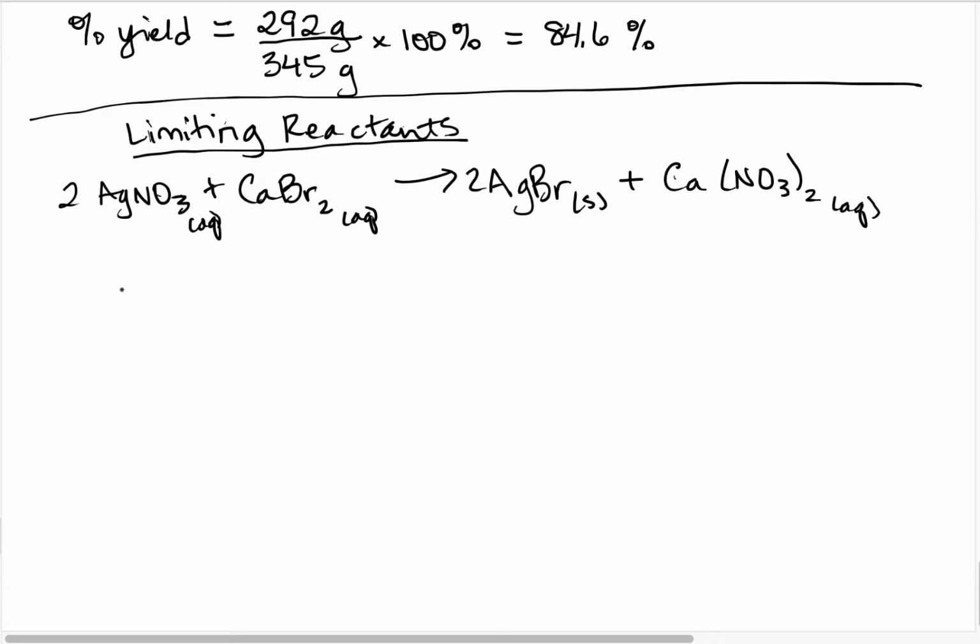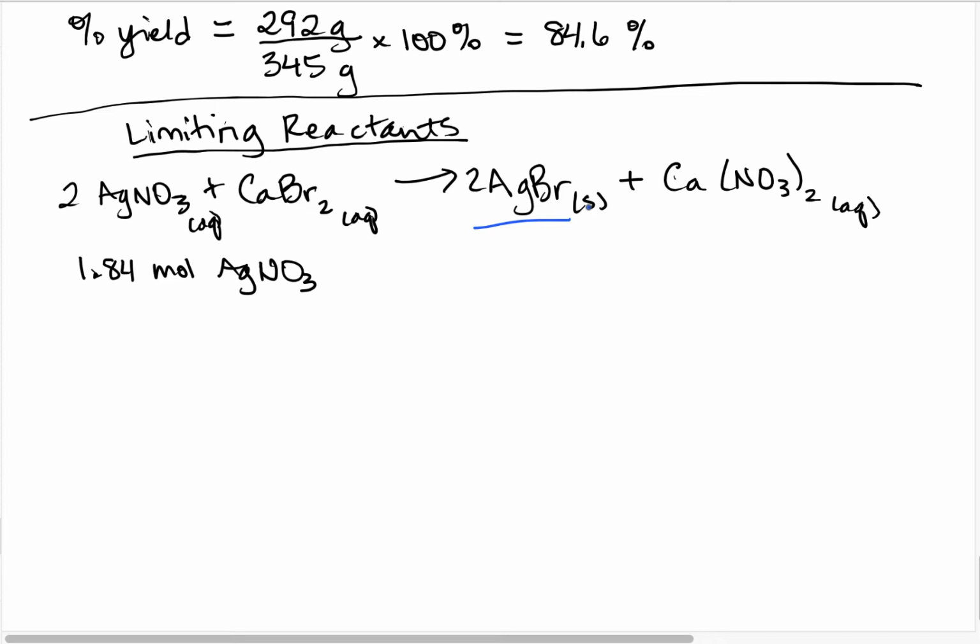Okay, so in the previous problem, we started with 1.84 moles of silver nitrate, and we were told that it reacted, and then we had to figure out how much silver bromide we made, and that was the theoretical yield at least.